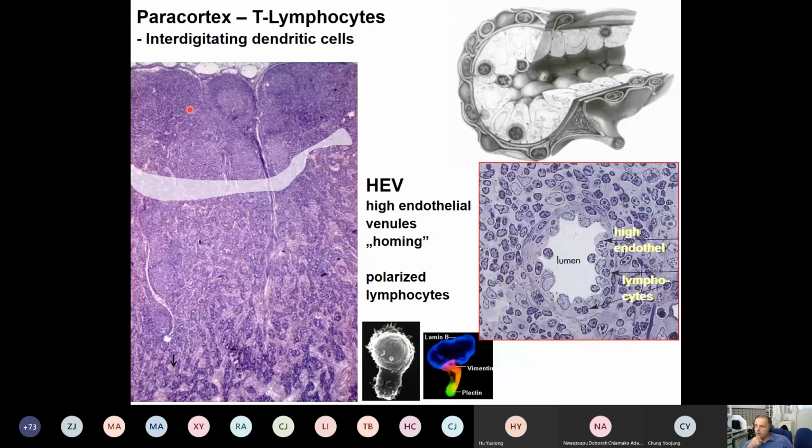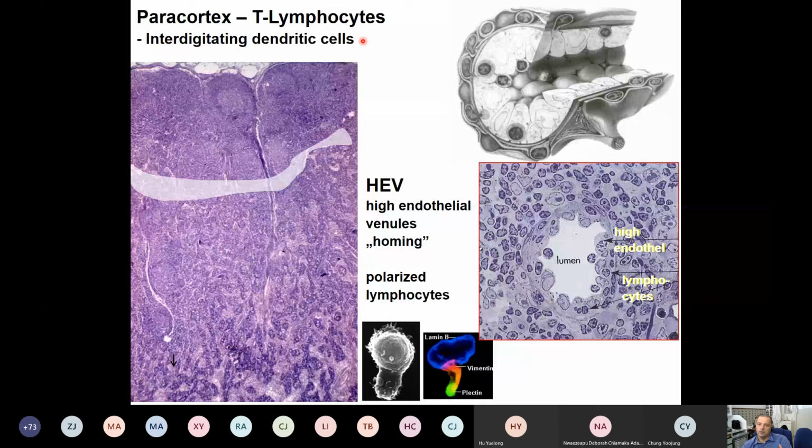Then we arrive at the paracortex. The paracortex is basically a narrower area between the cortex and the medulla, which will be the next one. In the paracortex, we have mainly T lymphocytes. And we have another kind of dendritic cells, which are antigen-presenting cells in this area, called interdigitating dendritic cells.